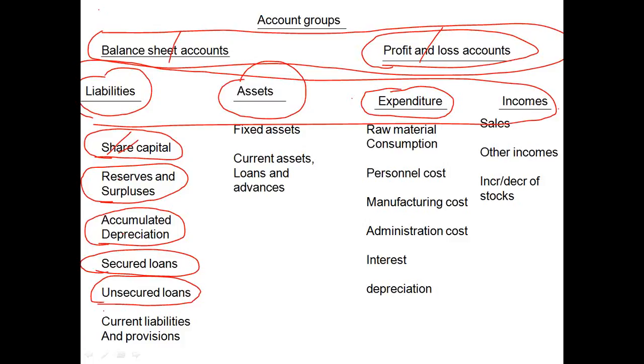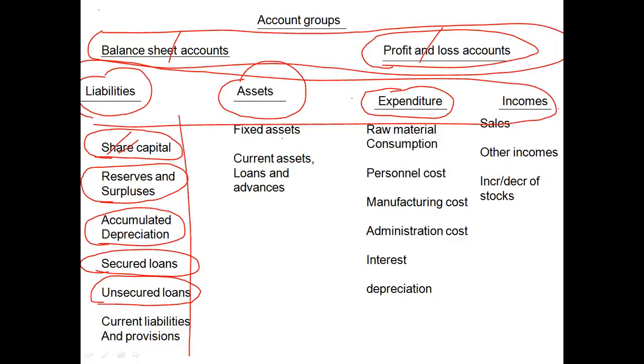Then current liabilities and provisions: sundry creditors, outstanding expenses, incomes received in advance. So like that, all the GL accounts relating to current liabilities and provisions are created under this account group. Like that, you can have any number of account groups again here.